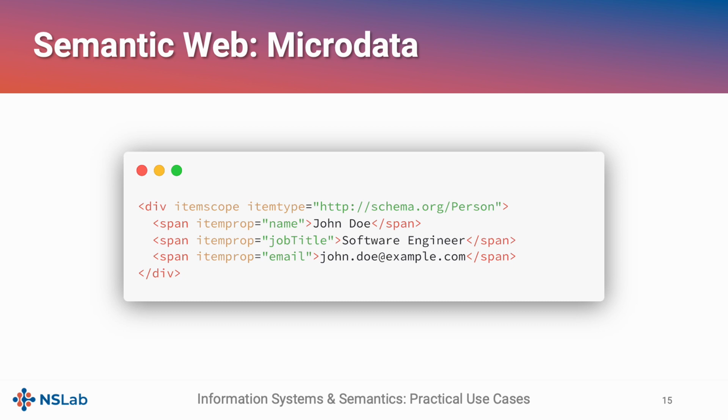The item is of certain type, here Person based on schema.org definition, and that person, which is the actual subject here, has three statements with three predicates: name, job title, and email, and then inside the span you have the object, the value.